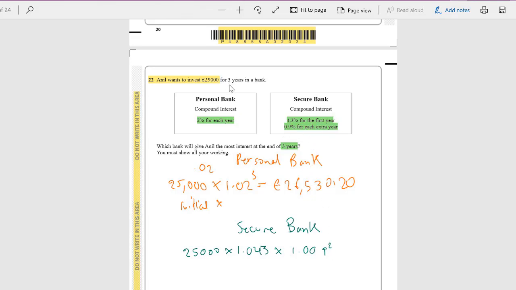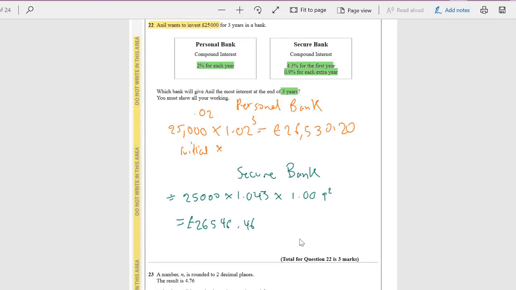Because it's a total of 3 years, 1 year refers to this, and then the subsequent 2 years refer to that. So you will get 26,546 pounds and 46 pence. So which one gives you more? Essentially secure bank.